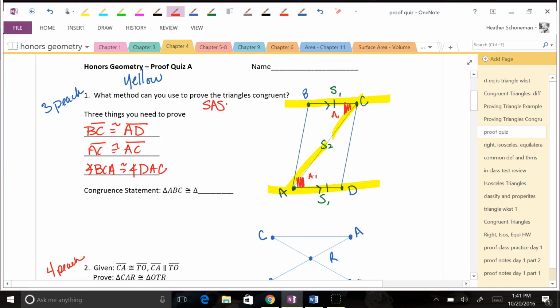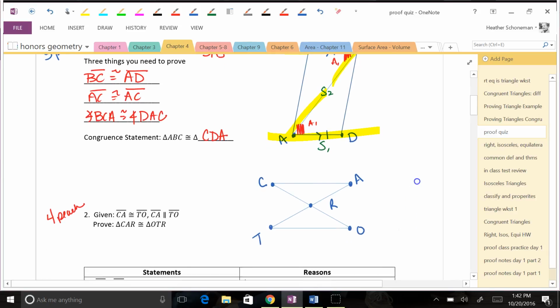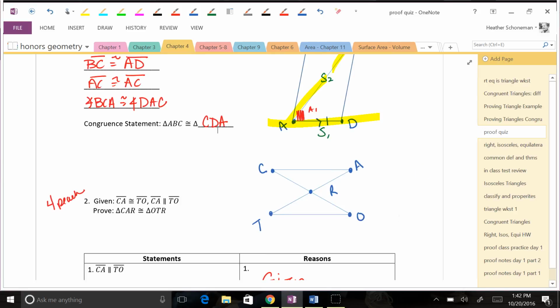Alright, and then when you go to fill in the triangle, if you start with ABC, then you're going to go CDA to match it. Alright, let's look at this proof. So they tell you that CA is congruent to TO and CA is parallel. Well, you know that's going to give you a side.